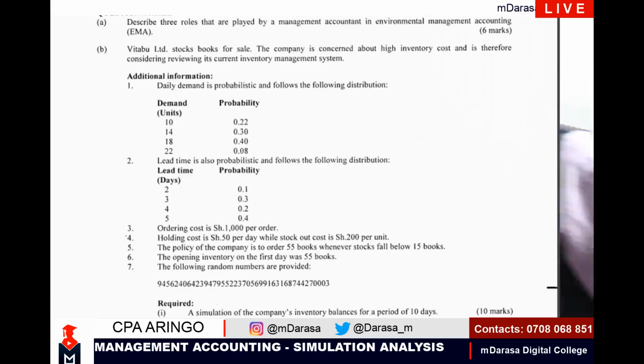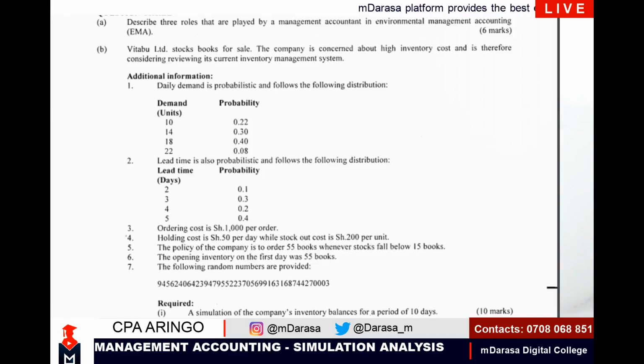Then come to note number 2. I was given lead time, and this is in days. Lead time, I was given 2, 3, 4, and 5, with probabilities 0.1, 0.3, 0.2, and 0.4.